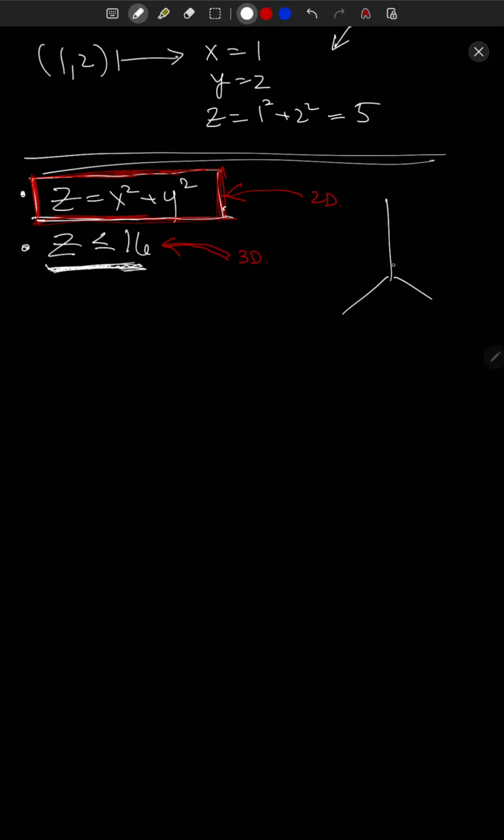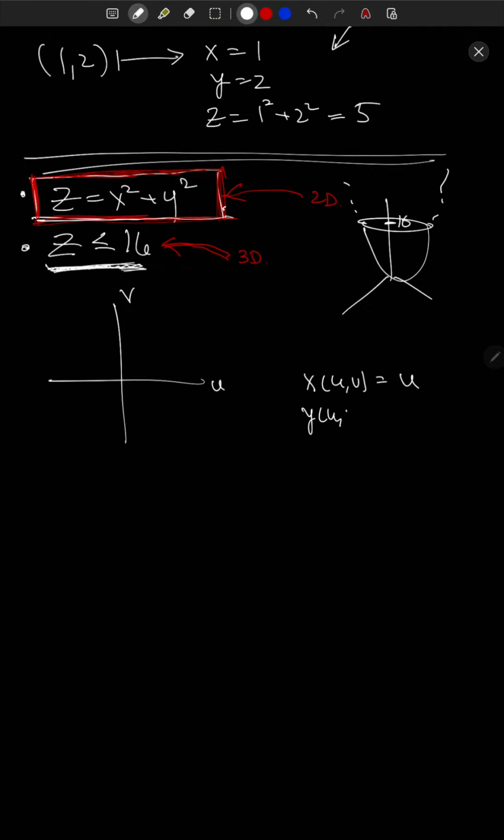Okay, so of course the picture is something like this. And here's 16. We don't care about anything that happens up here. If we want to do this, we need to port our problems back to uv. And again, we're still using x of uv equals u, y of uv equals v, and z of uv equals u squared plus v squared, because this still describes the paraboloid.